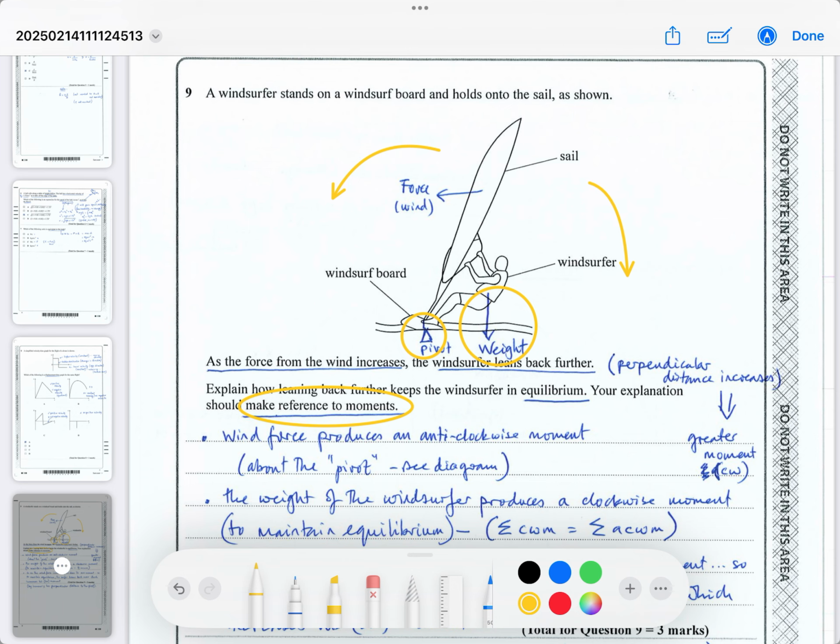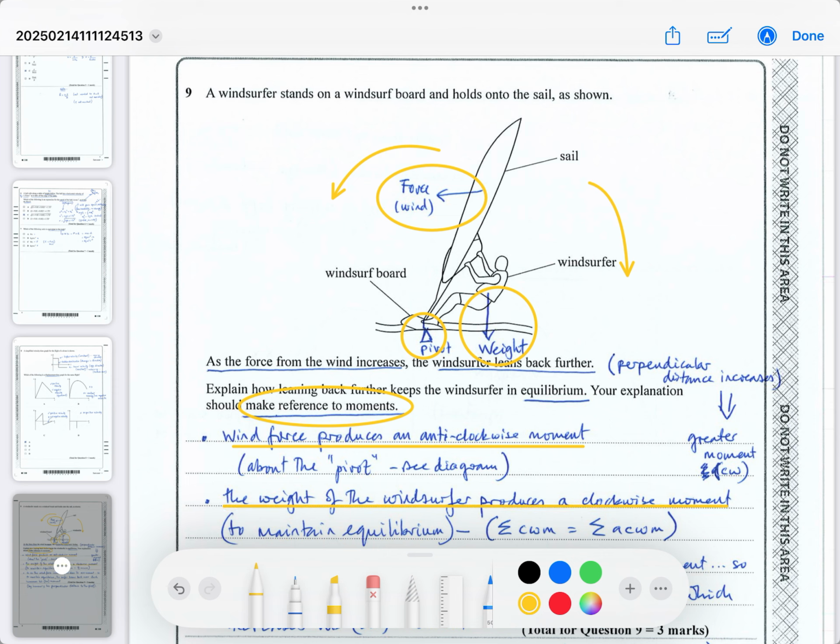And the wind force produces the anti-clockwise moment, so if the wind force increases, its anti-clockwise moment will increase. You need to make sure that you're explaining it in terms of moments. So that the wind force produces an anti-clockwise moment will give you 1 mark.